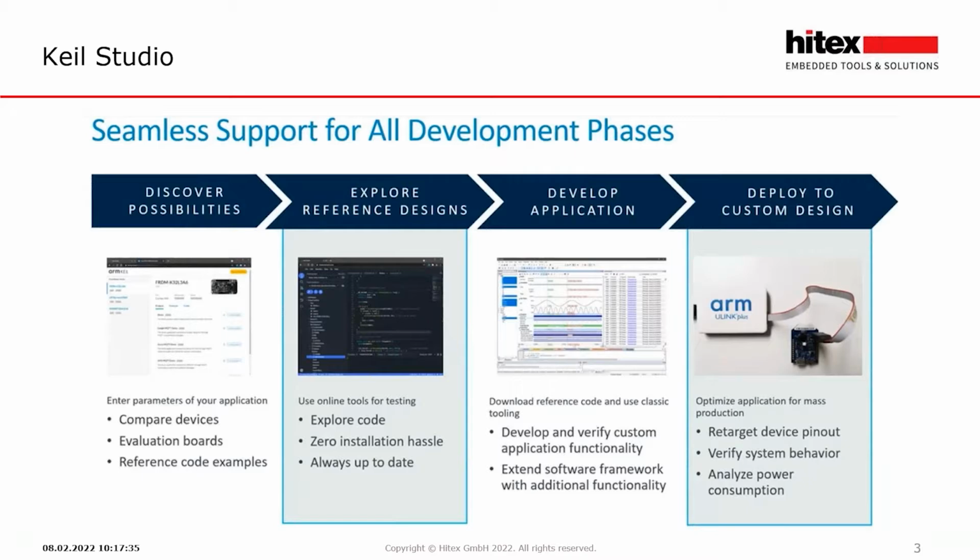We can then directly jump into Keil Studio, and as it's cloud-based, all of the software is set up and ready to use. So you can just open up an example and start experimenting, expand the code. And underneath the Keil Studio, the project can be exported to existing desktop tools.